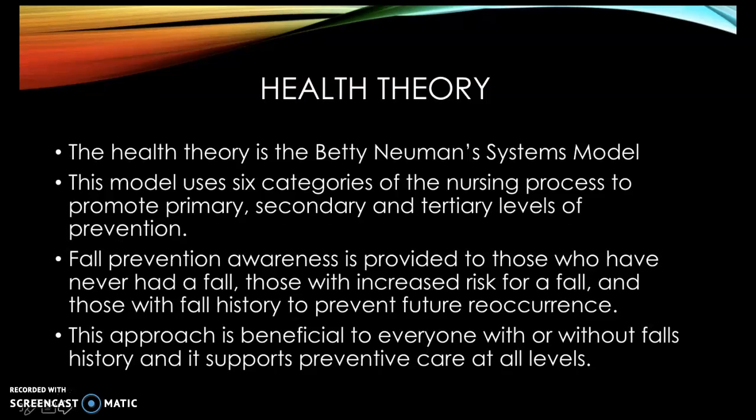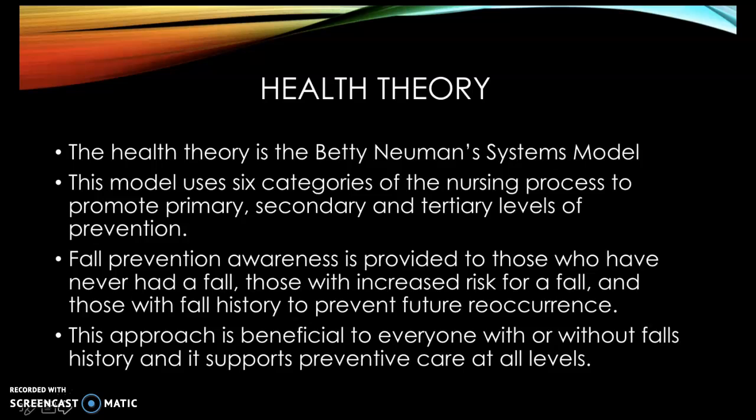The health theory that is applied for this education campaign is the Betty Neuman systems theory model. This model basically uses the 6 categories of the nursing process to promote primary, secondary, and tertiary levels of health prevention.